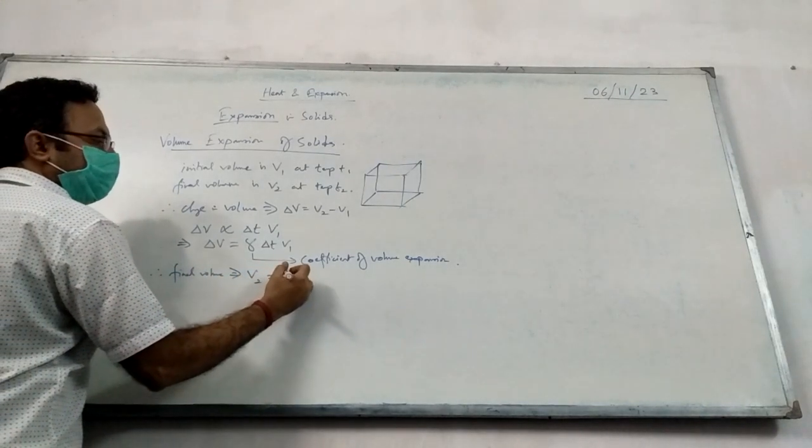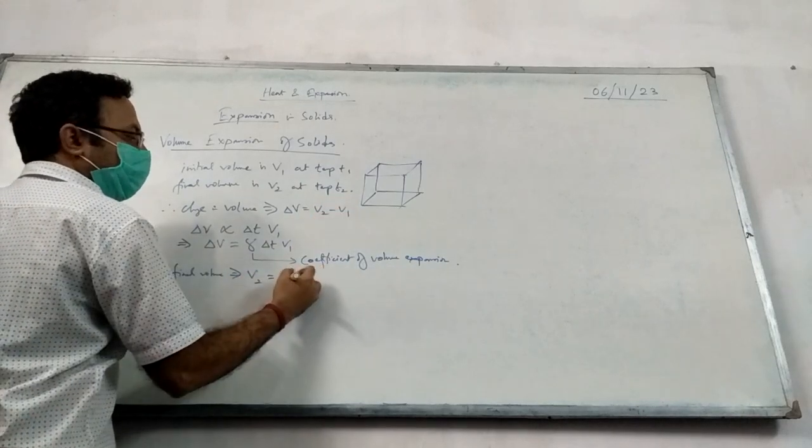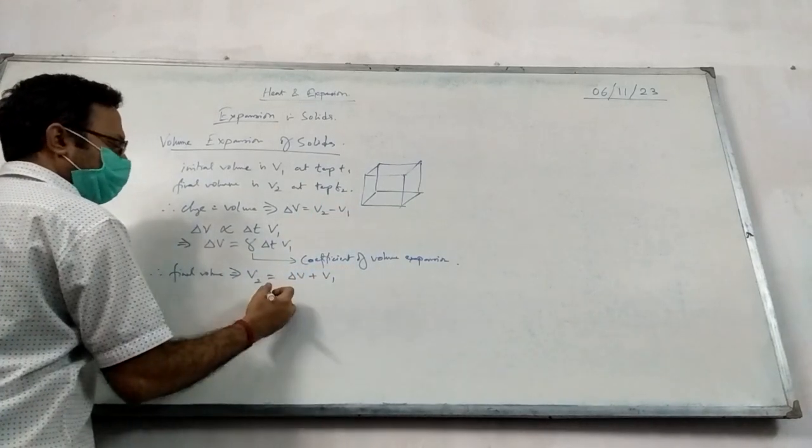So the final volume V2 is equal to delta V plus V1.